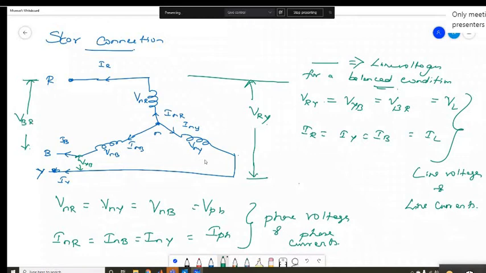Now what we need to do is derive the relationship between the line and the phase quantities.